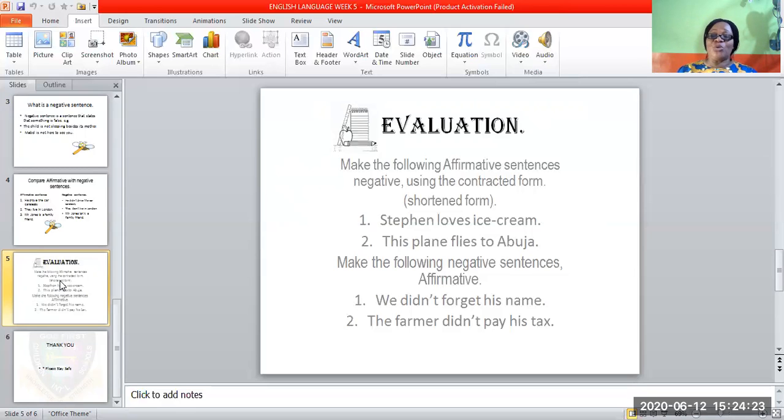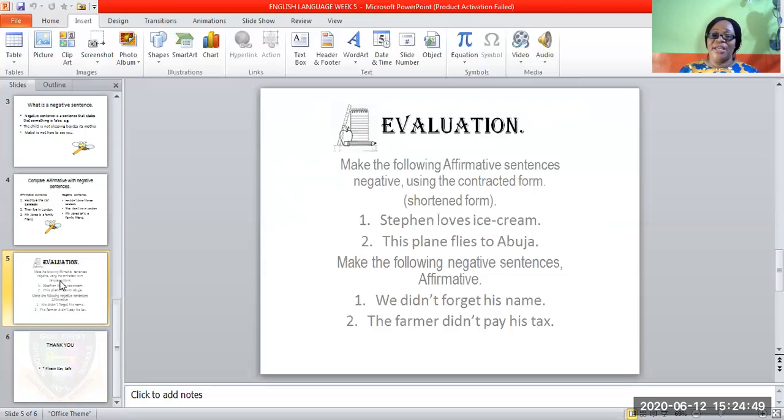Negative sentences do not attack affirmative sentences. They only state the other side, the opposite of the affirmative using N-O-T.